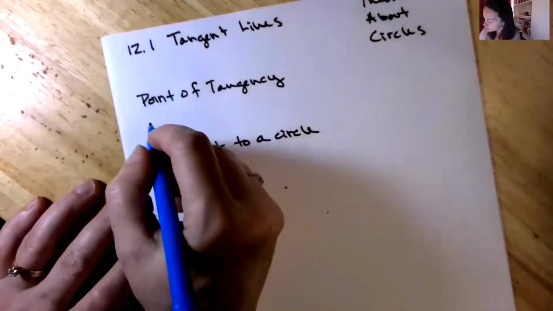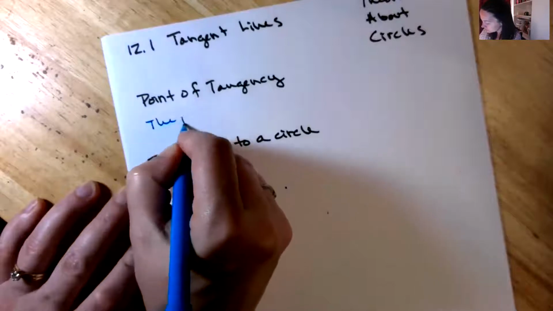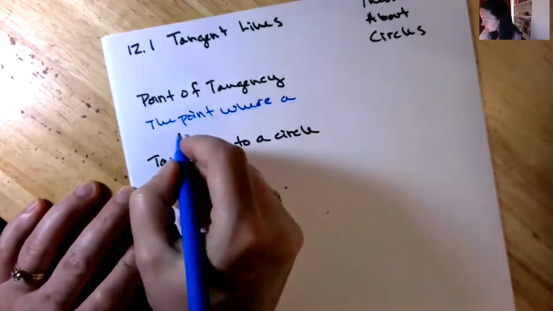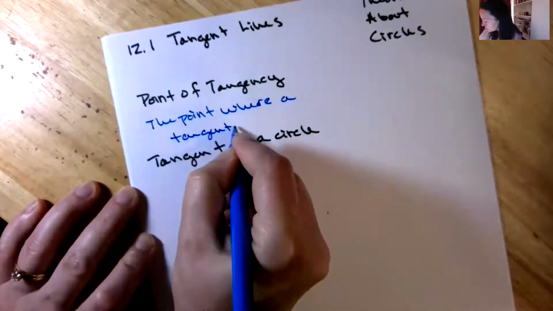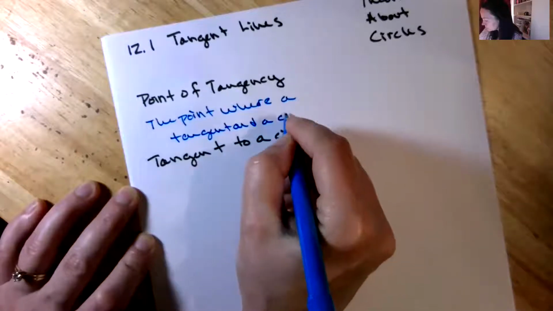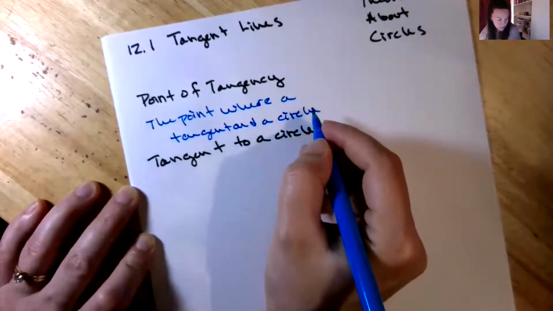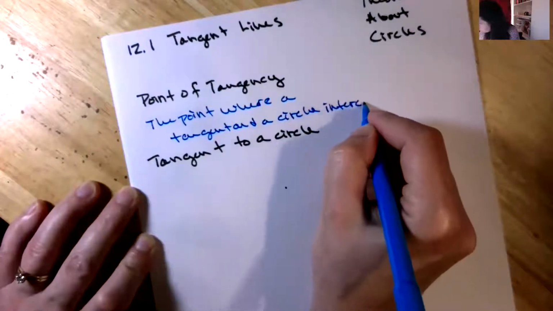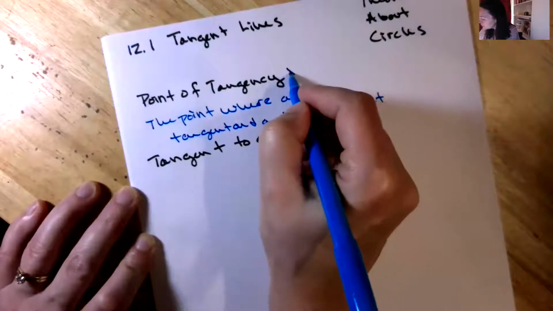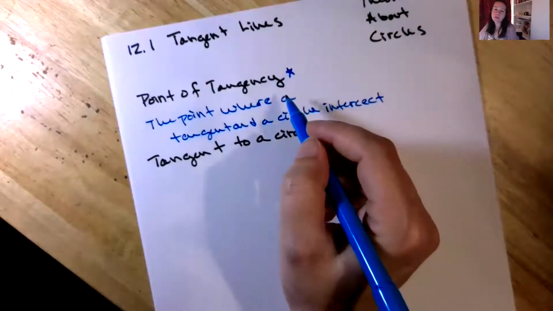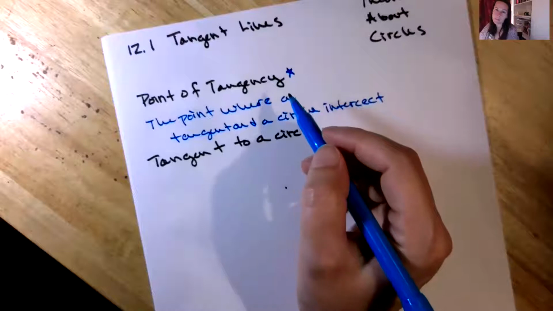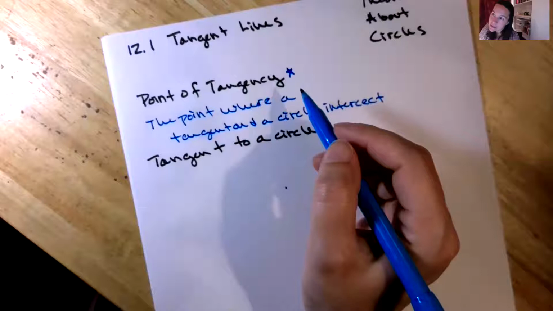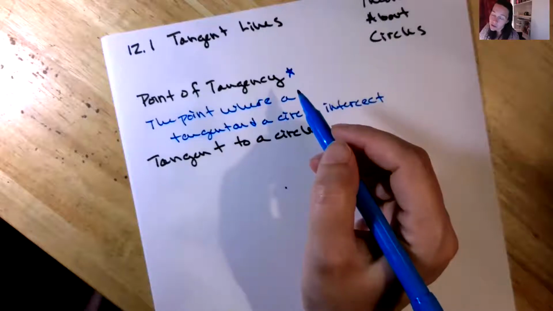So the point of tangency is the point where a tangent and a circle, in this case, intersect. In other instances, there are other times you have points of tangency besides circles, especially as you get into graphing in Algebra 2, and then in pre-calculus, and finally calculus, there'll be a lot about tangents.